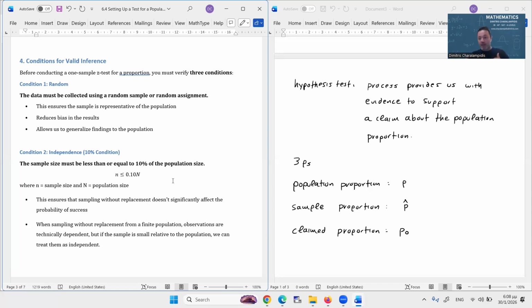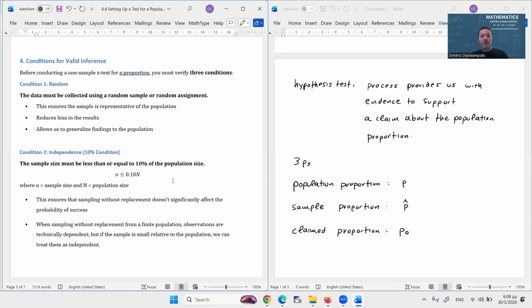Having a sample with a size less than 10% of the population will ensure that sampling without replacement will not significantly affect the probability of success.